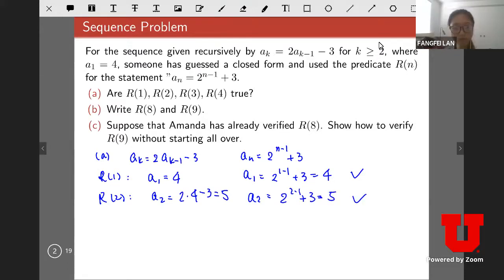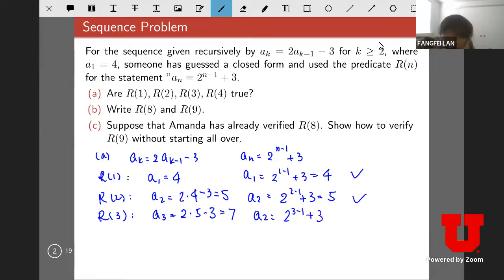Check. And shall we do R3? A3 is equal to 2 times A2, so that's 2 times 5 minus 3, that's 7. And on this side, 2^(3-1) plus 3, that's also 7. 4 plus 3 is 7.